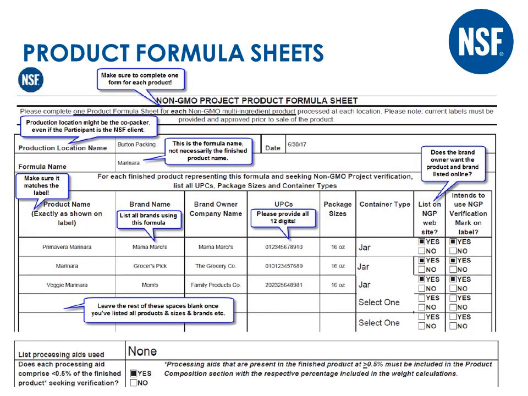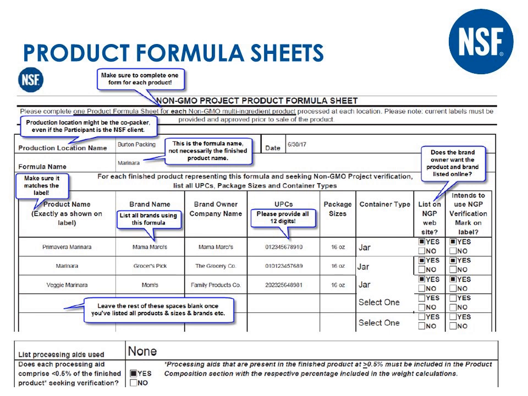The first document we will take a closer look at is the product formula sheet. This is where you will list your unique product formula for the products seeking verification. The top portion of the document holds key information about the product. When you prepare a formula sheet, please be sure to complete one for each formula. We'll ask you to indicate the production location, which might be your facility or it could be your co-packer's facility.